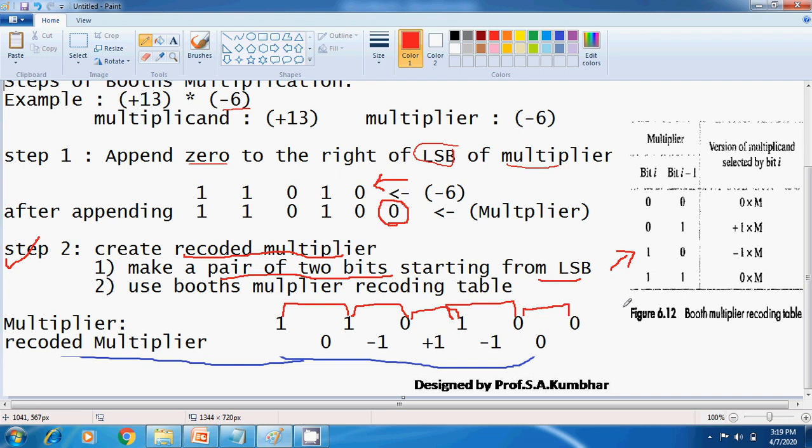Look at the table. This would be the i minus 1th bit, and this would be the ith bit. From right to left, 0 0. I must consider 0 as the recoded bit. 0 1, for this 0 1, I have to consider -1 as the recoded bit. From 1 to 0, for this pair I have to consider +1, and subsequently I can write down the remaining pairs. So this would be the recoded multiplier.